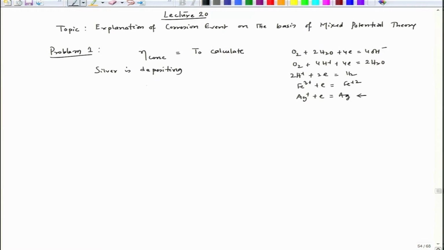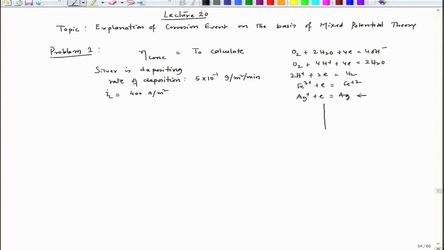The rate of deposition is 5 into 10 to the power minus 1 gram per meter square per minute. This is the deposition rate, and in that situation IL equals 400 ampere per meter square. That means this is the maximum deposition rate.